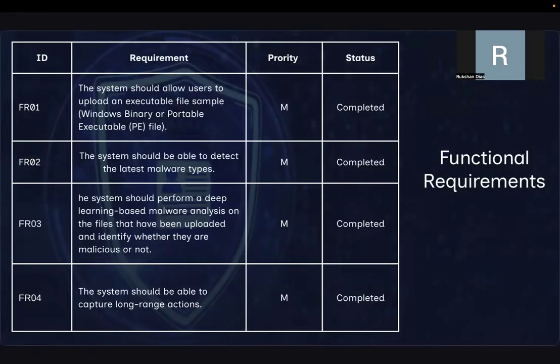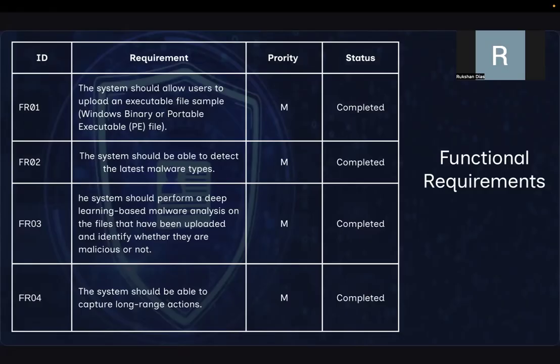The system should be able to detect the latest malware. Since I'm using Mal API 2019, it consists of the latest malware types, so it can detect eight malware classes. The system should perform a deep learning based malware analysis on the uploaded file and identify whether it is malicious or not.